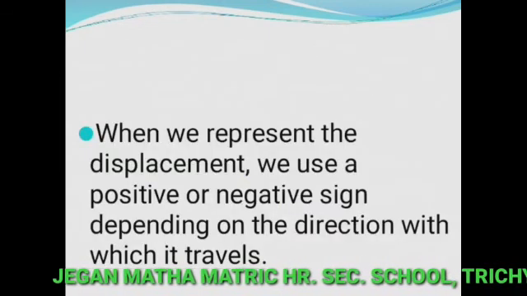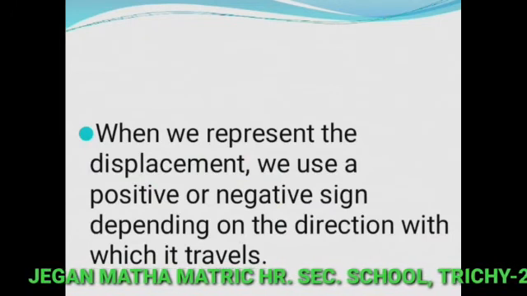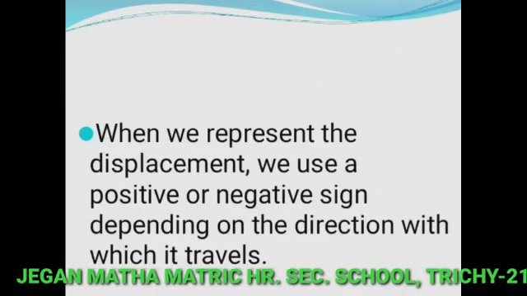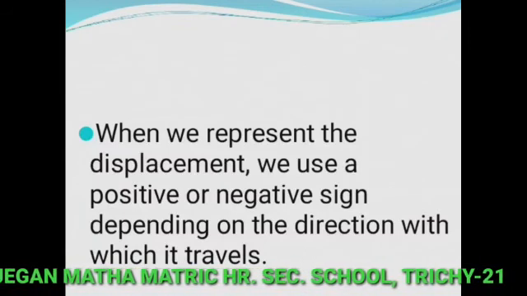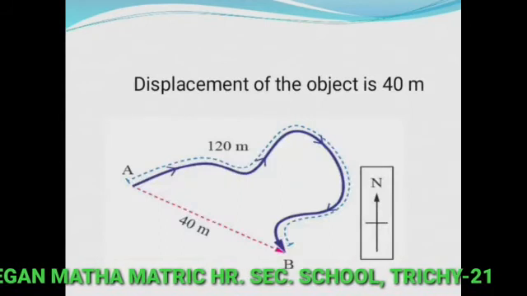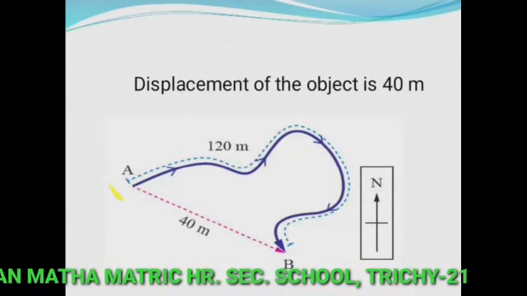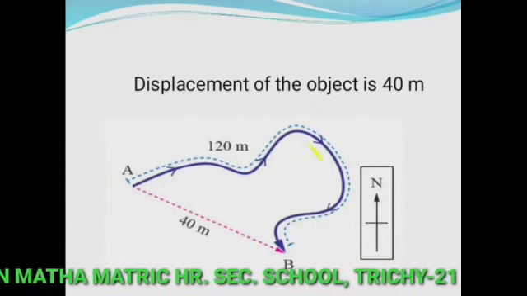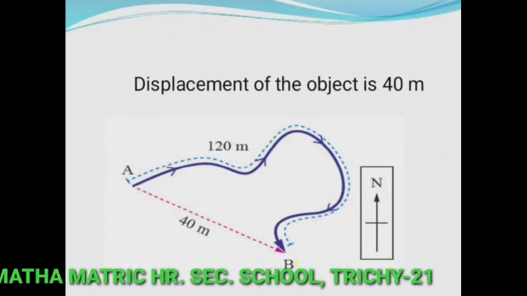When we represent the displacement, we use a positive or negative sign depending on the direction with which it travels. So see the picture. Here we can consider the starting point as A, and while the object moves from A to B, the displacement is considered to be positive.